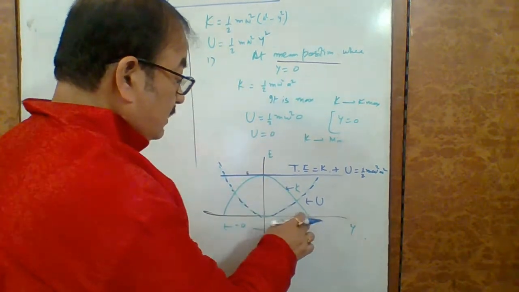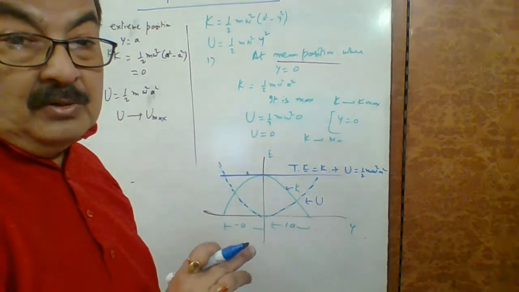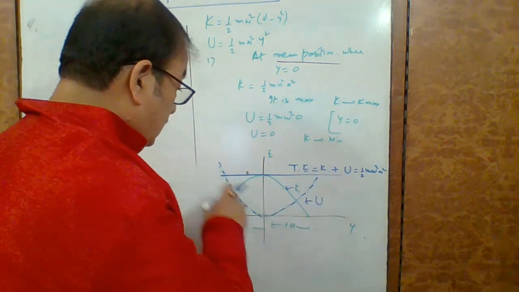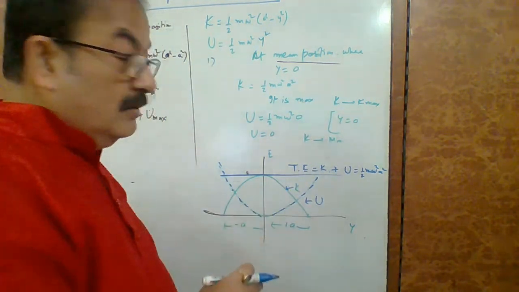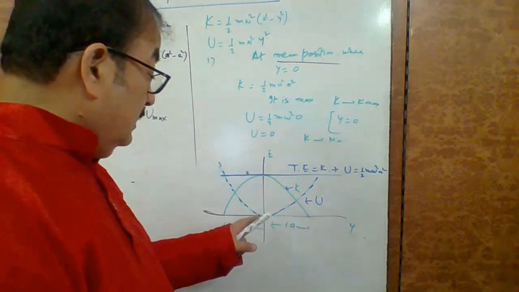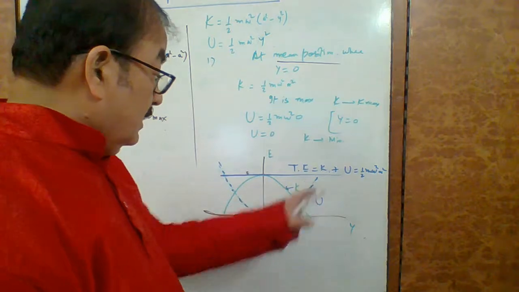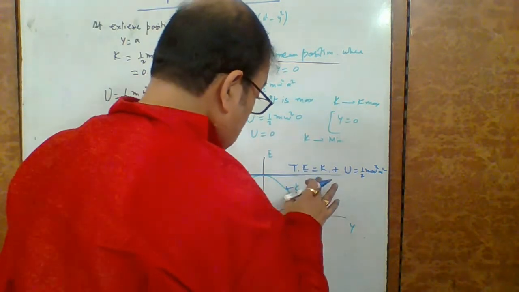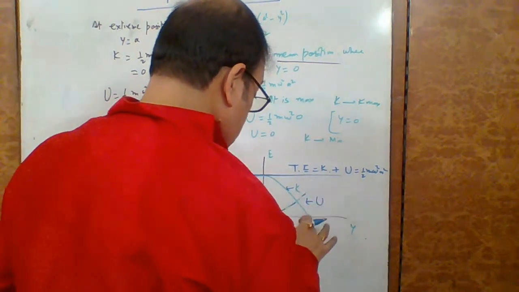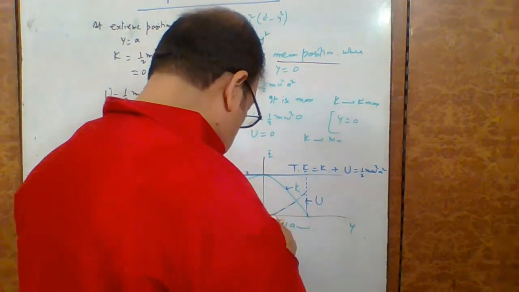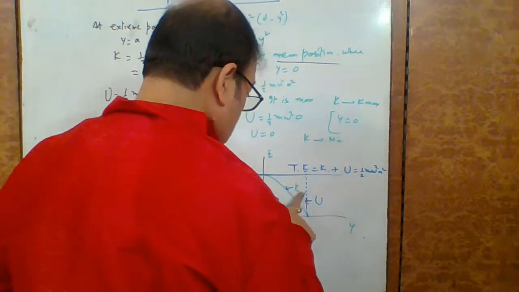Look, the green one that you see becomes 0, absolutely 0. On the other hand, this blue dotted one that you see here is your potential energy. Potential energy is maximum at this point. For that we have to slightly modify this diagram.